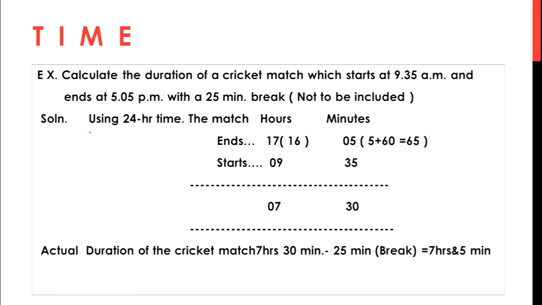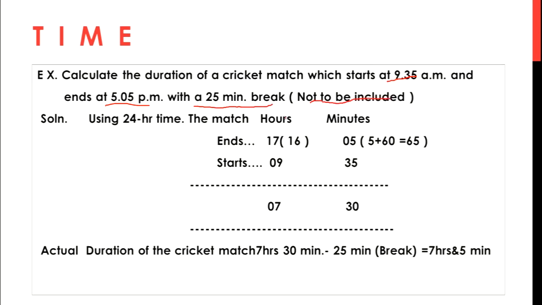Next problem is this: duration of a cricket match which started at 9:35 a.m. Again AM is given and the match ends at PM. Therefore, you have to take the help of the 24-hour watch. And there was a 25-minute break, and the break is not included.